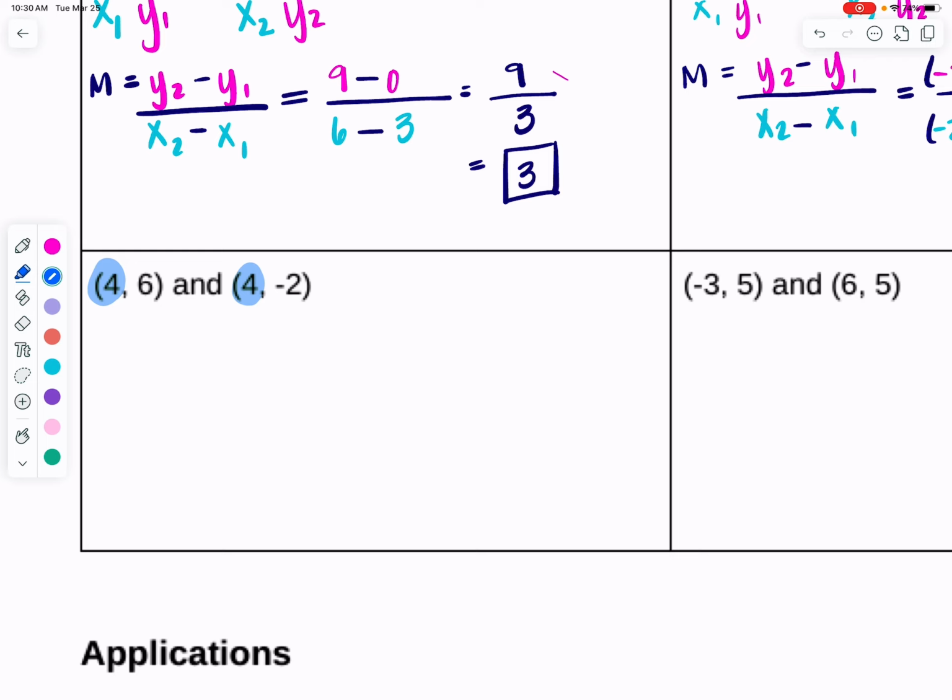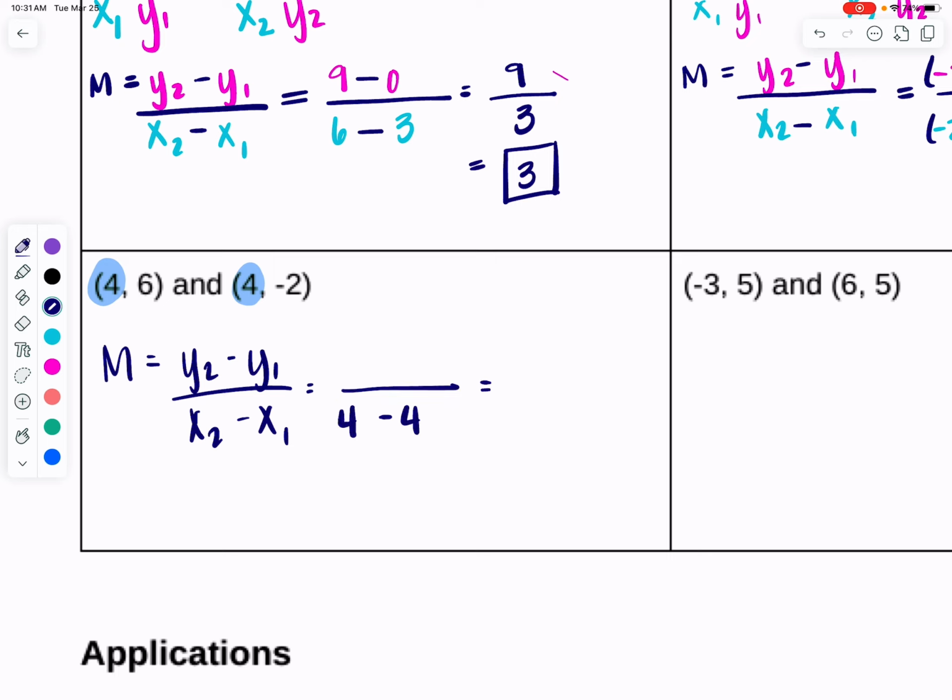That means that when I plug in to the slope formula, I'm going to get a 0 in the denominator. It doesn't matter what's in the numerator at this point because any number divided by 0 is undefined.